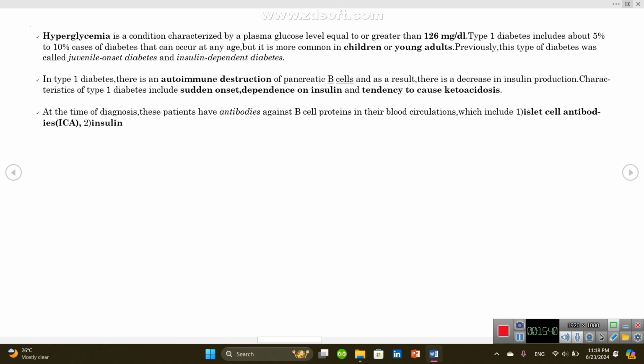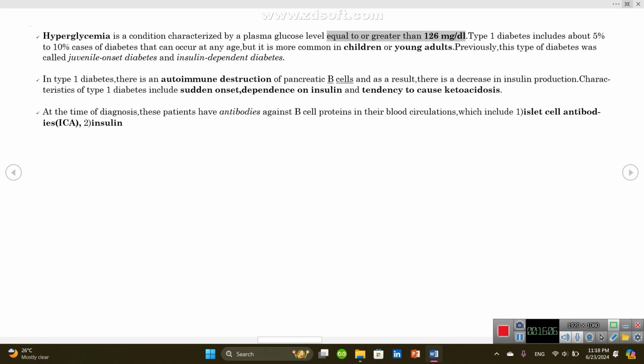So, next slide: hyperglycemia. We've talked about normoglycemia, hypoglycemia, and the third situation is hyperglycemia. Hyperglycemia is a condition characterized by a plasma glucose level equal to or greater than 126 milligram per deciliter.